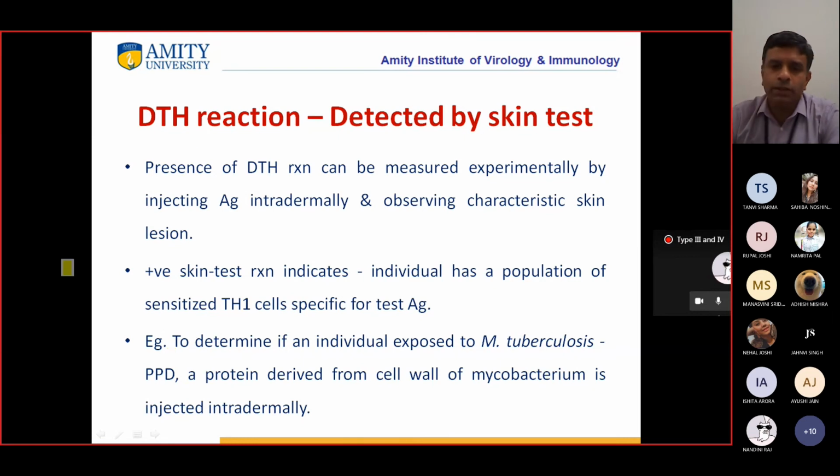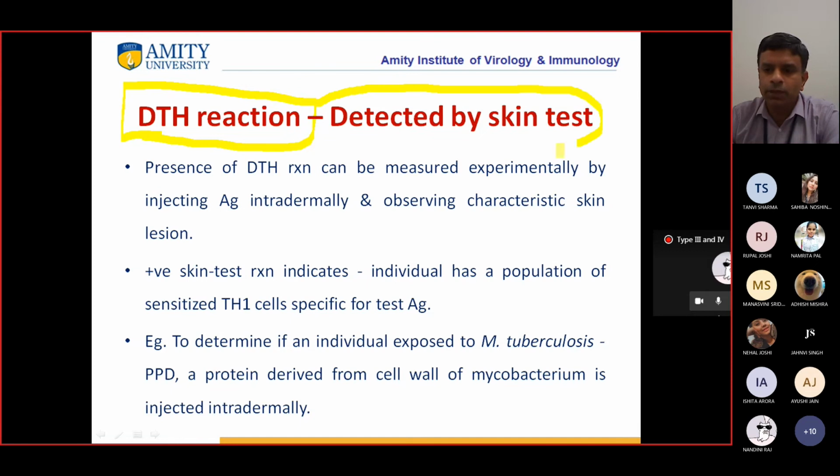So the DTH reaction, if you want to see its application, can be detected by a skin test, okay. We have also talked about the skin test. Suppose a person has had a cough for more than a month, the doctor will ask for a test for tuberculosis, okay, and for that we induce a DTH reaction.